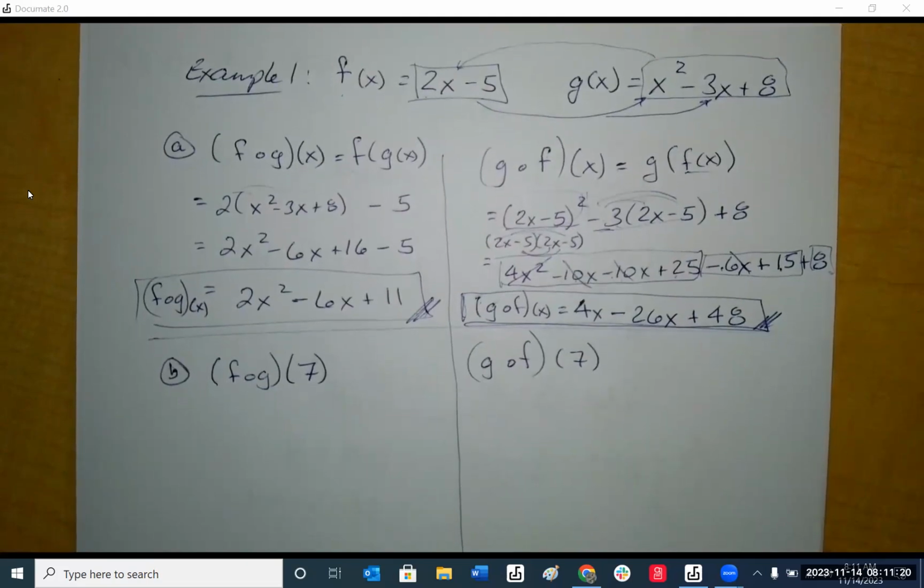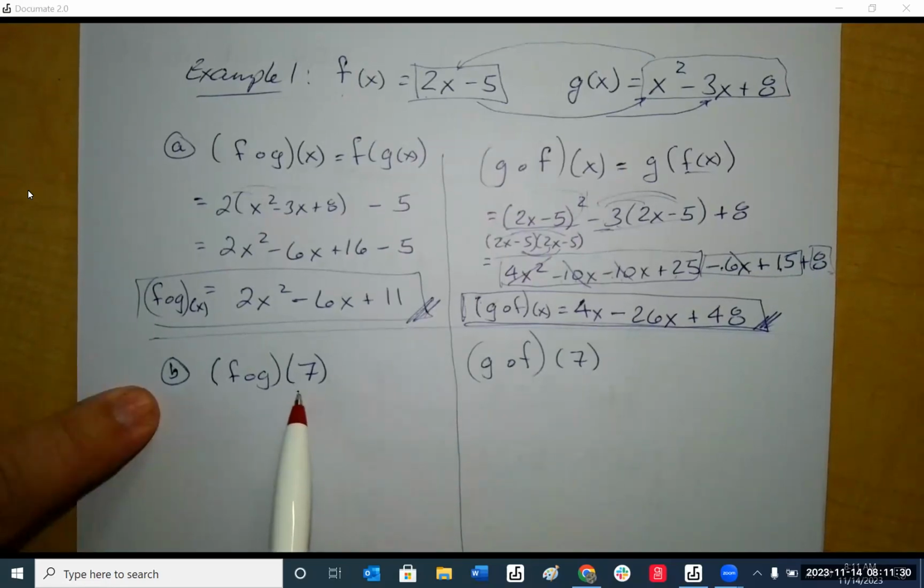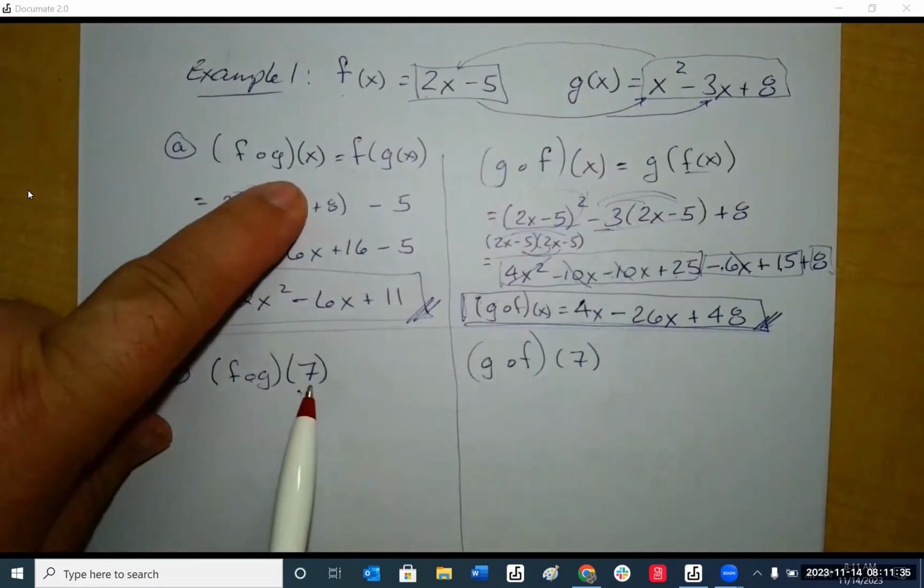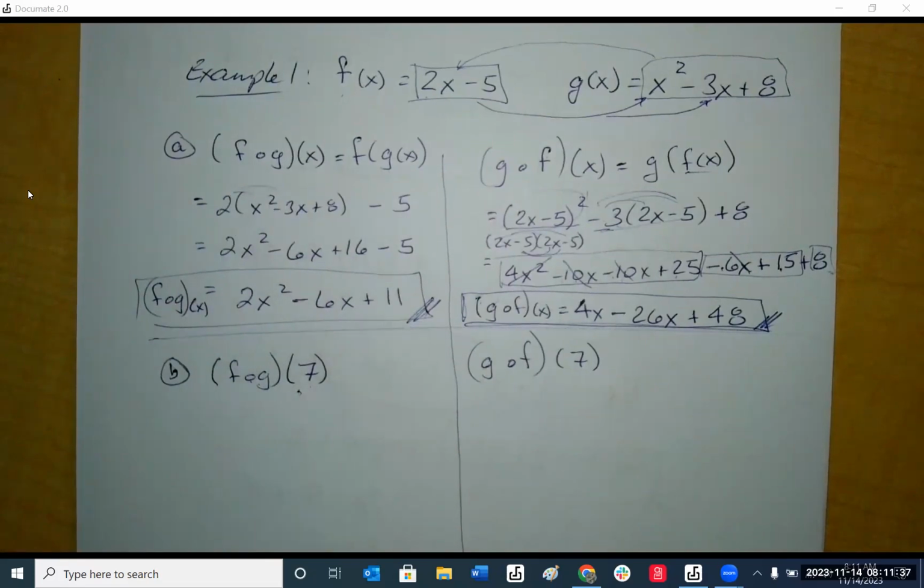A composite function is just substituting a function in for a variable. That's all it is. What this next one says is, you notice it's the same function, except now instead of x's, I have a 7.